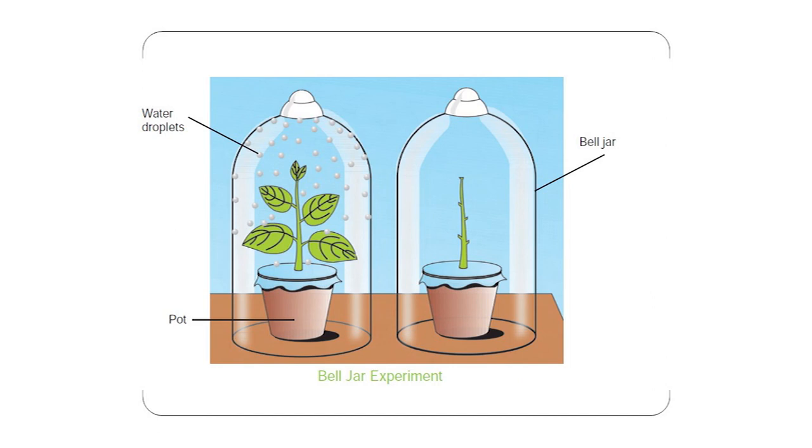What is it? Take two bell jars A and B. In one bell jar you take a potted plant, and in the other a potted plant without leaves. Keep the apparatus in the sunlight.